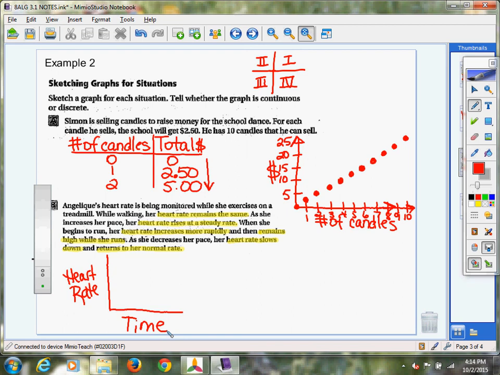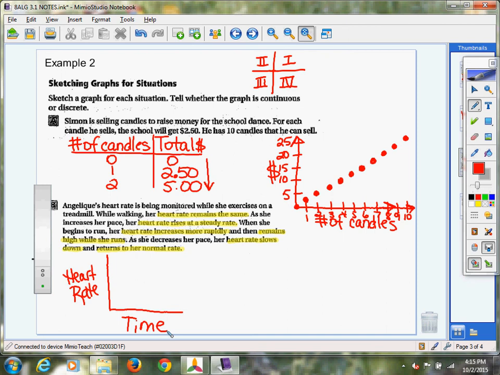Now her heart rate, I can already tell you, if her heart's beating, we're not going to start at 0. If you have a 0 heart rate, that means you are dead. So we're not starting at 0. I don't know where we're starting specifically. They didn't give us an exact number, which is fine, but we're not starting at 0, okay? So let me make that implicitly clear.